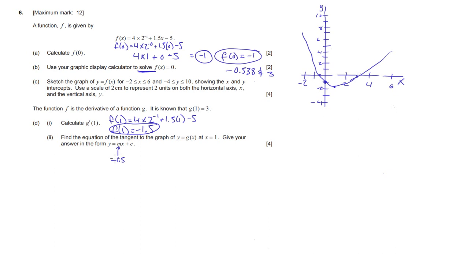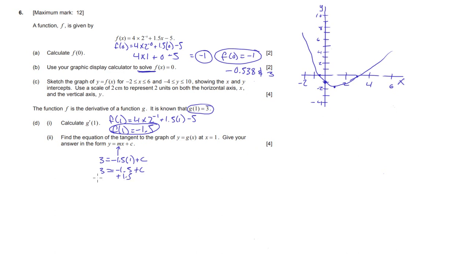Okay, and then we also have g of 1 equals 3. So we know that when x is 1, y is 3. Let's plug in 3 for y. 3 equals negative 1.5 times 1 plus c. So we get 3 equals negative 1.5 plus c.